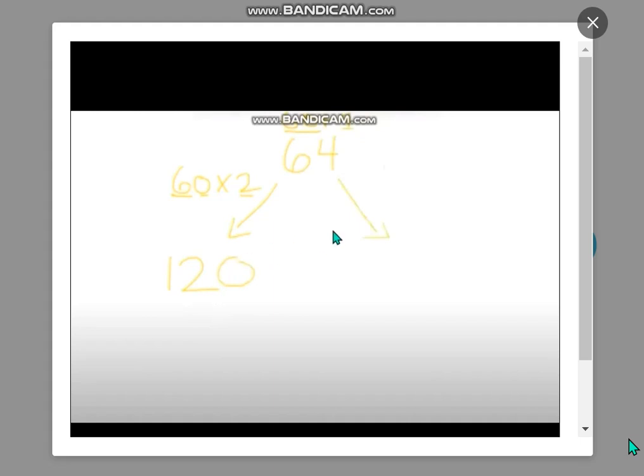Now third step, double the ones place. 4 times 2, easy, that's 8. Now we are going to add our products, which is 120 plus 8 equals 128. Okay, has any of you got a wrong answer?